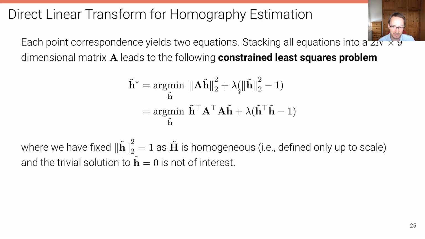And we do this using this Lagrangian formulation, where we have this Lagrange multiplier here. So this is a standard constraint optimization formulation with lambda times h squared minus 1, where this term here vanishes if the norm of h is exactly equal to 1. And if we take the gradient of this, we arrive at this expression here.